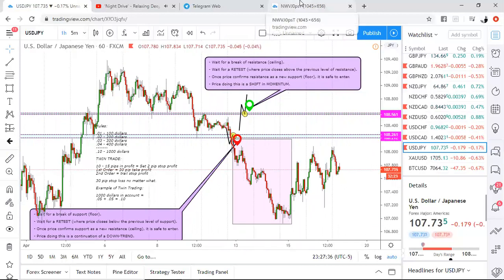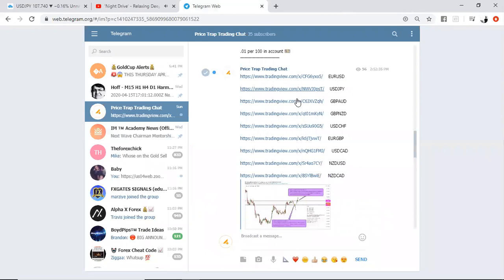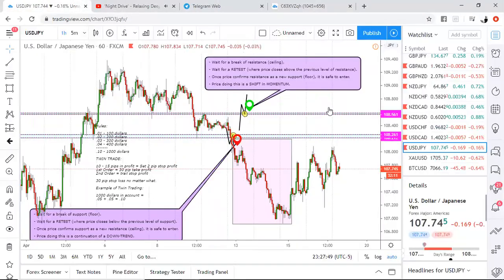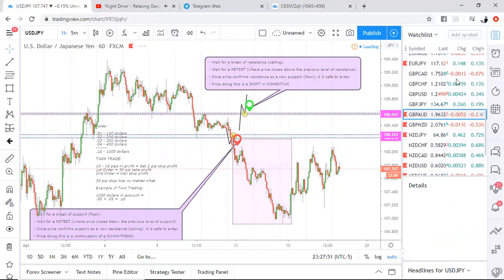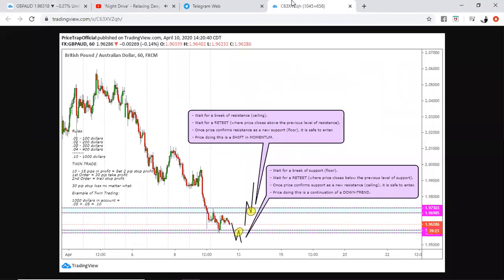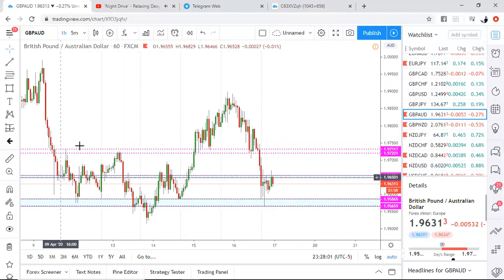Again, you see it. Euro US start. This is still in that position as it was over here.